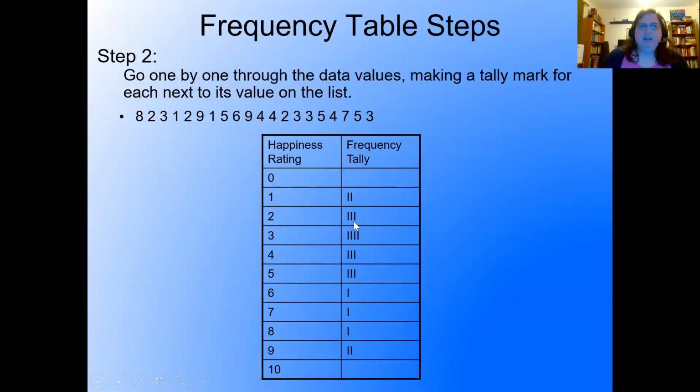Then 2, make a tally mark, then 3, tally, 1, tally, 2, second tally, etc. You go through the whole list like this. And if you did that, you would come up with this frequency tally. Okay. Notice that neither 0 nor 10 appeared in our data list, so we don't have anything near the 0 or the 10.